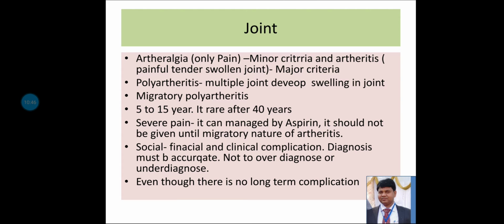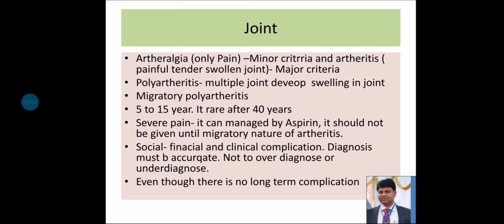Now coming to the joints. In the joints there occurs arthritis, in which there are painful, swollen, tender joints, whereas in arthralgia only pain is present, with no swelling and no tenderness.